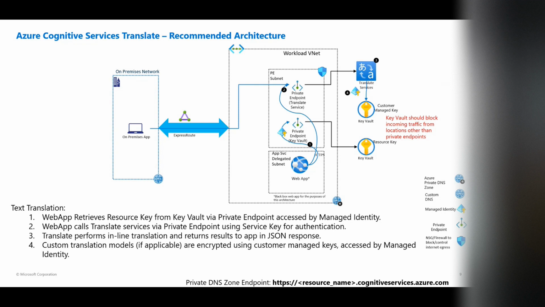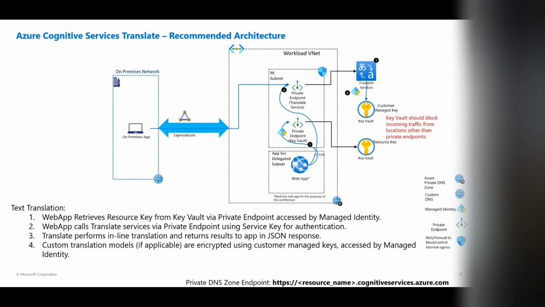Okay. So this is the recommended architecture that most organizations and enterprises will go with. You have your translate service that is running in Azure, and you create an instance of it, of course. And on that instance, you create a private endpoint and drop it in your workload VNet, where your web app connects to it.